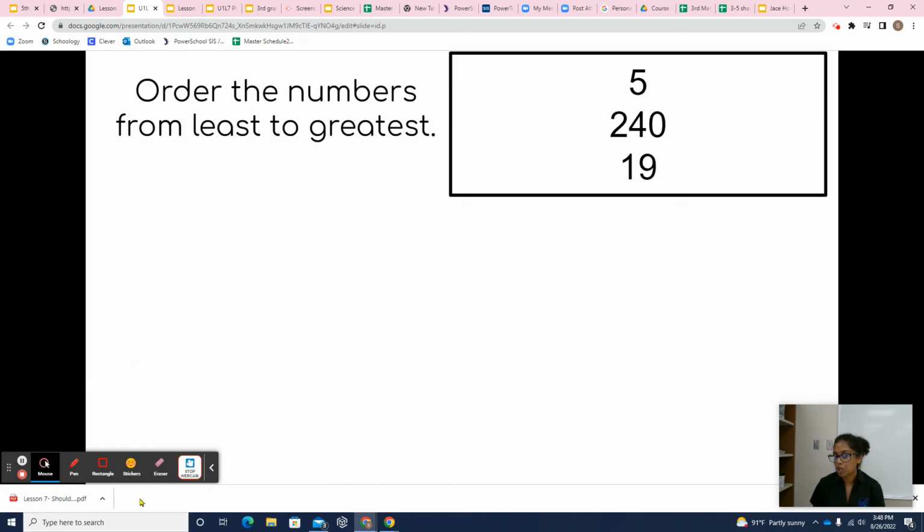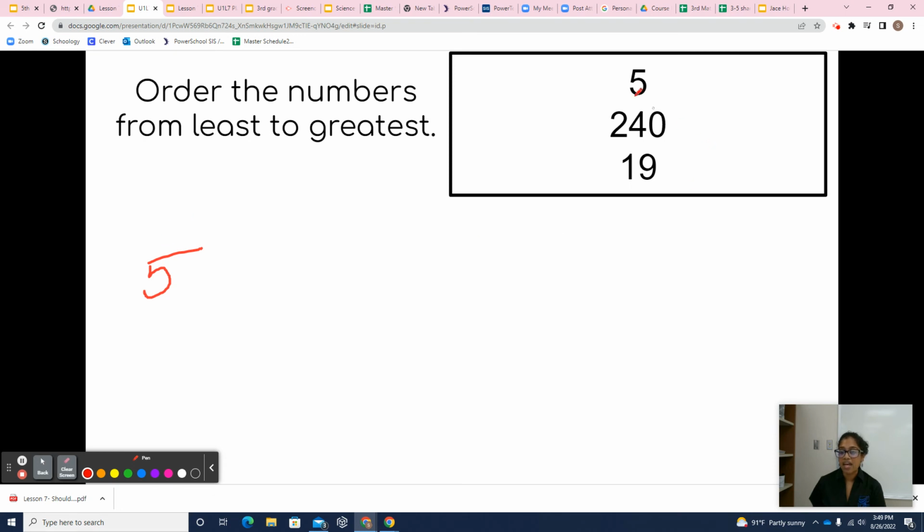Sorry, we got one more little part right here. We're going to order these numbers from least to greatest. We have 5, 240, and 19. So let's order our numbers from least to greatest. My smallest number is what? That's right, 5. So I'm going to put my smallest number first.